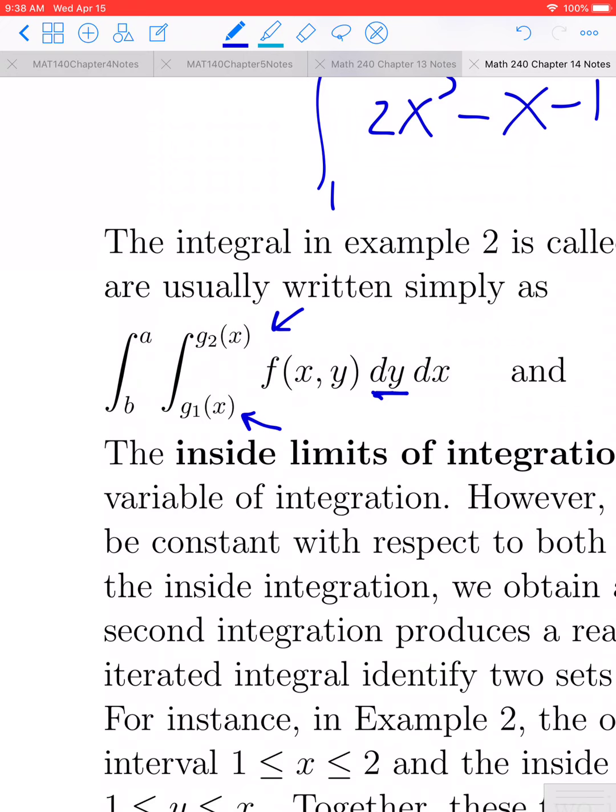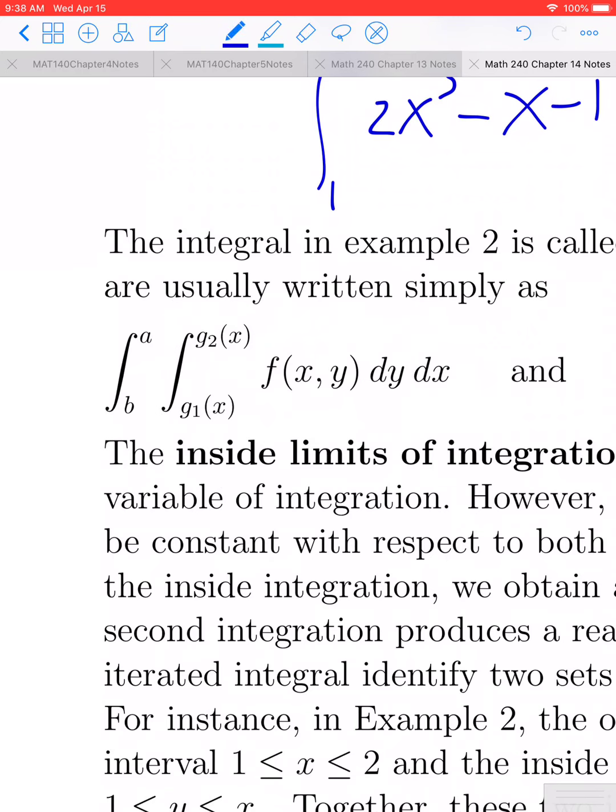Notation-wise, we don't always write it like we did for the last example, but intuitively you think that there's a bracket or a parenthesis that separates the two integrals. We have the inside integral, which is done with respect to y. Once we do that, we integrate again with respect to x, integrating dx.